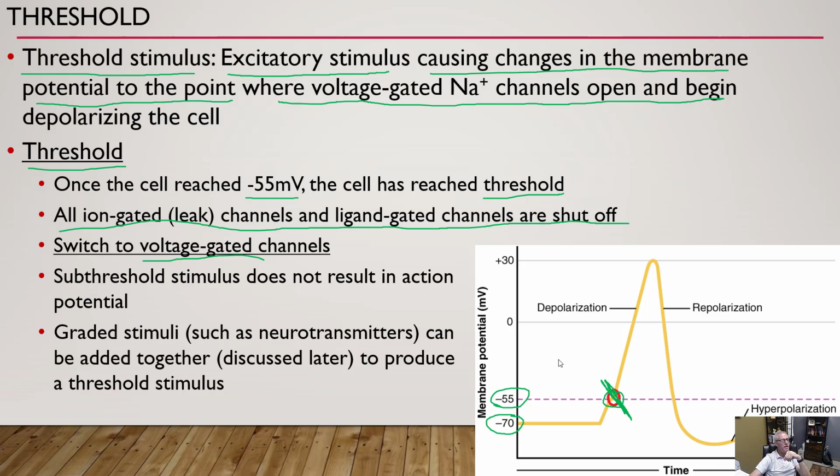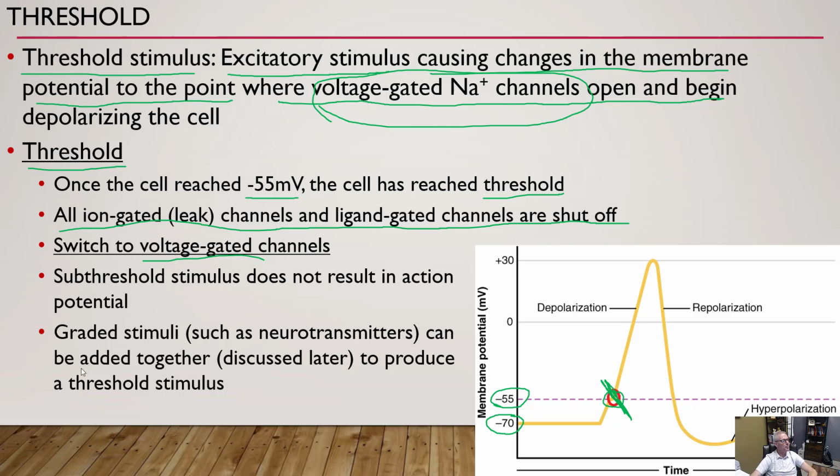So now we open up these things called voltage-gated sodium channels. So voltage-gated sodium channels open up, and sodium is going to rush into the cell, which we'll talk about in the next slide.